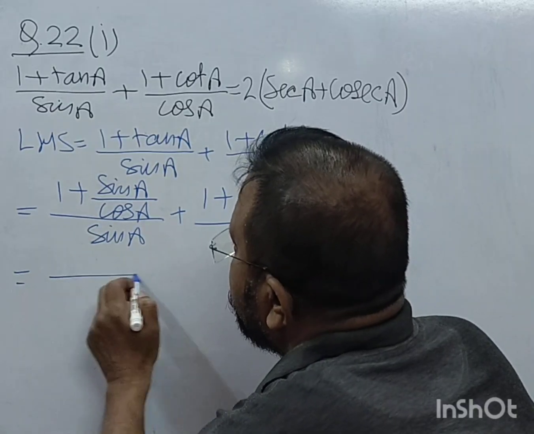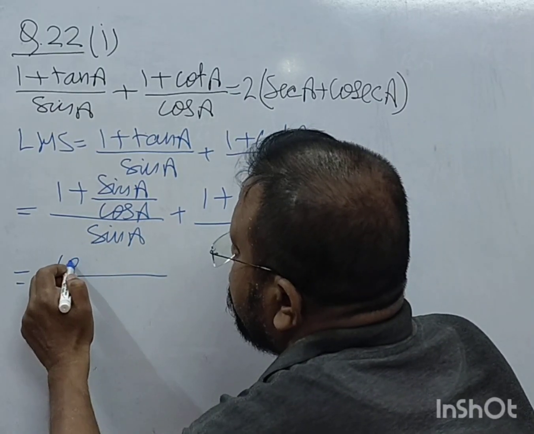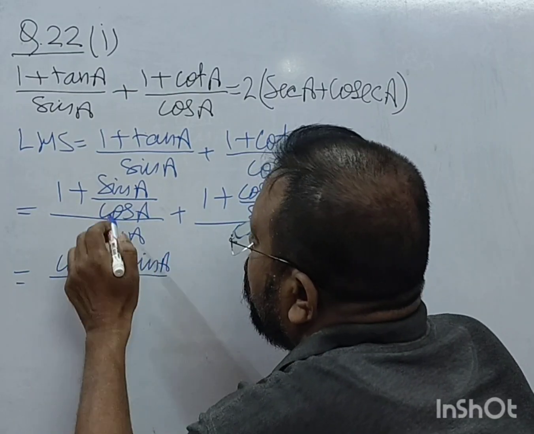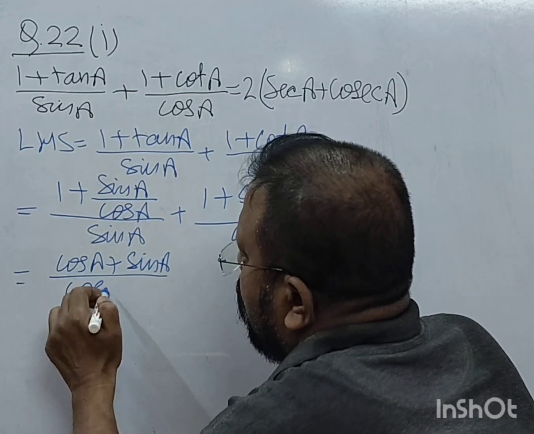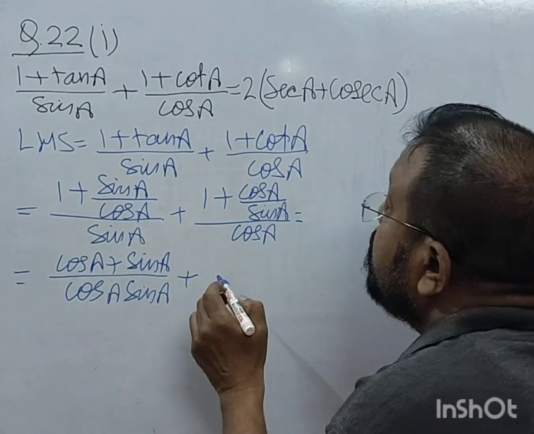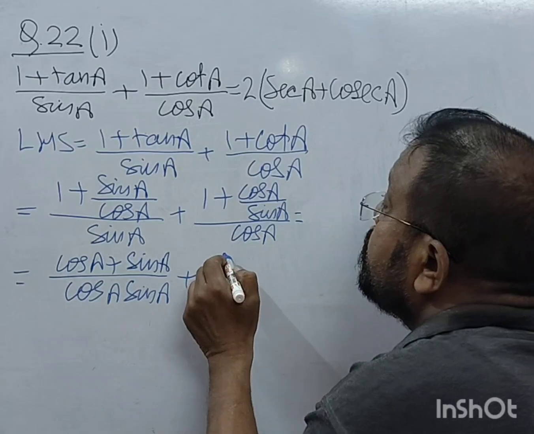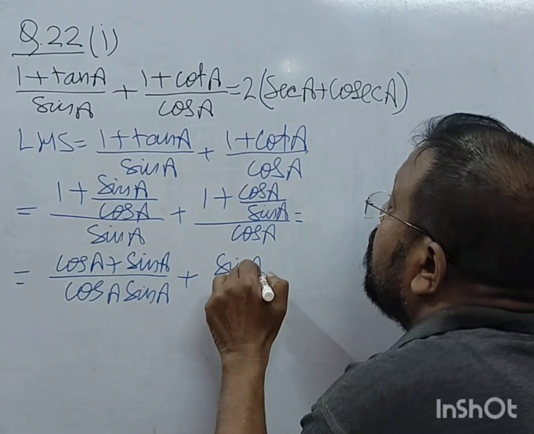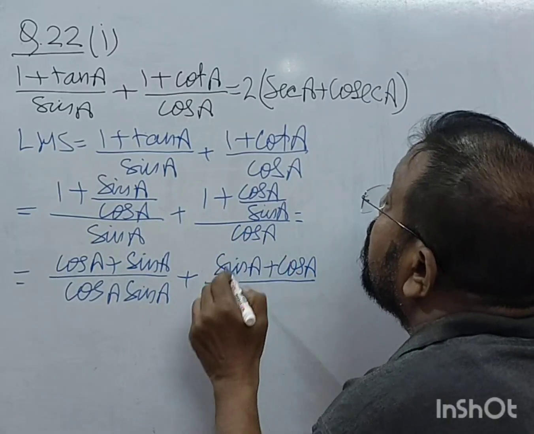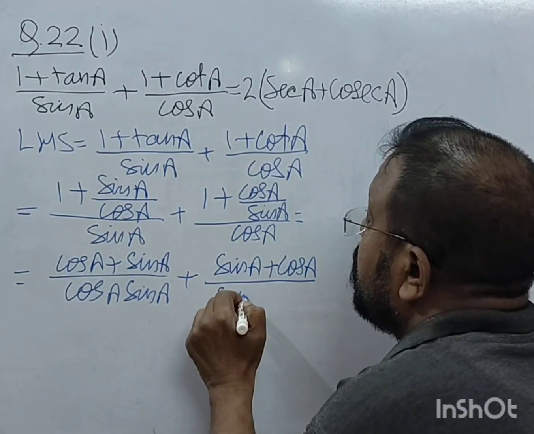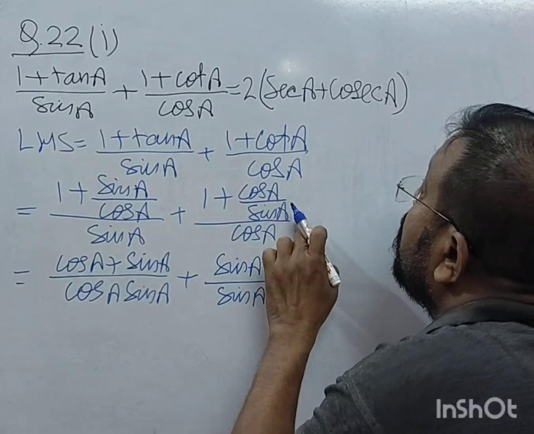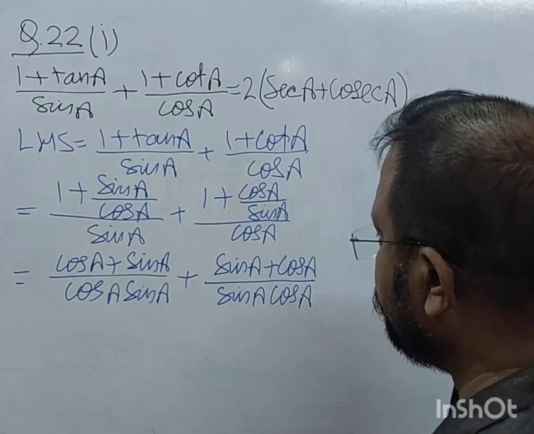And similarly here, if I write it like this, cos A plus sin A upon cos A, sin A, plus we take sin A plus cos A upon sin A cos A, right? This is what we have.